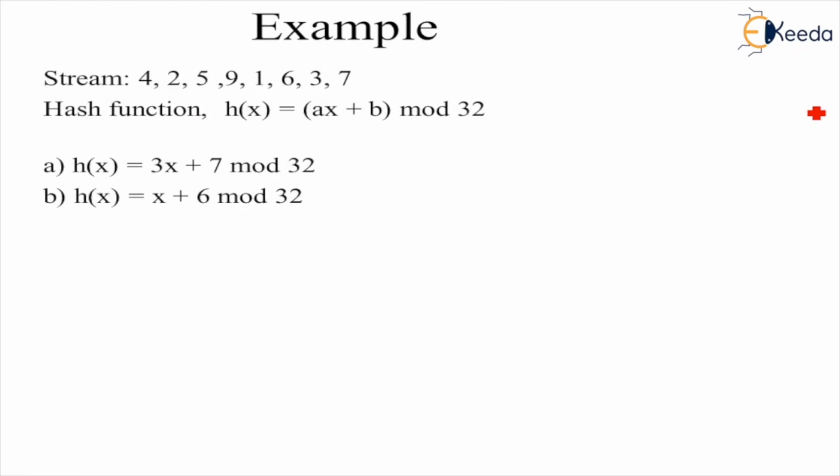Let's understand with an example where we have a stream of data: 4 2 5 9 1 6 3 7. A hash function is provided in the form h of x is equal to ax plus b mod 32. The first is h of x is equal to 3x plus 7 mod 32, and the second hash function is x plus 6 mod 32.